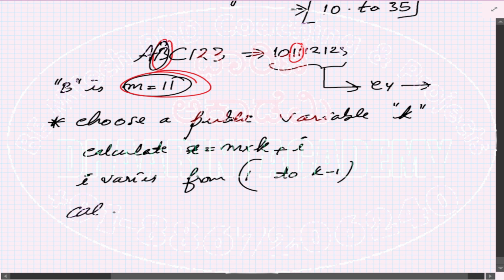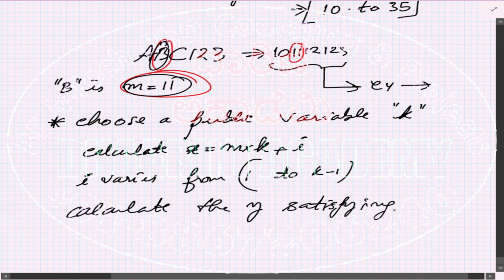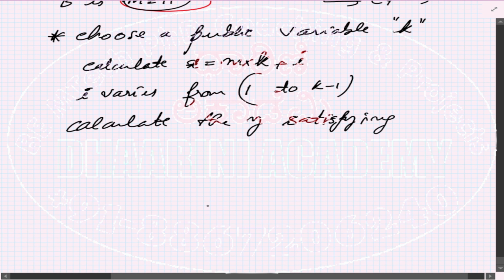So calculate the y satisfying the equation, that is y square is equal to x cube plus ax plus b mod p.